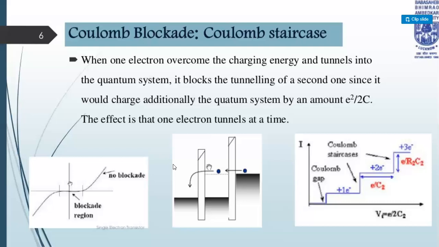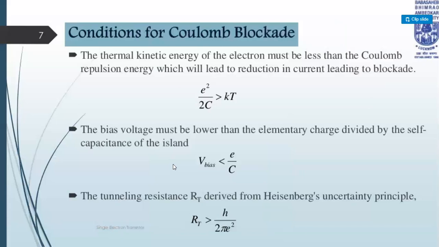The condition for Coulomb blockade is that the thermal kinetic energy of an electron must be less than the Coulomb repulsion energy, which leads to a reduction in current, leading to blockade. So e^2/2C is greater than kT.